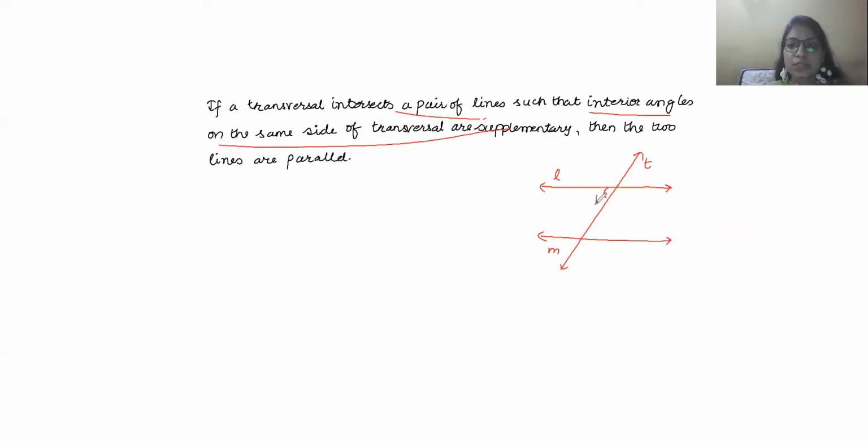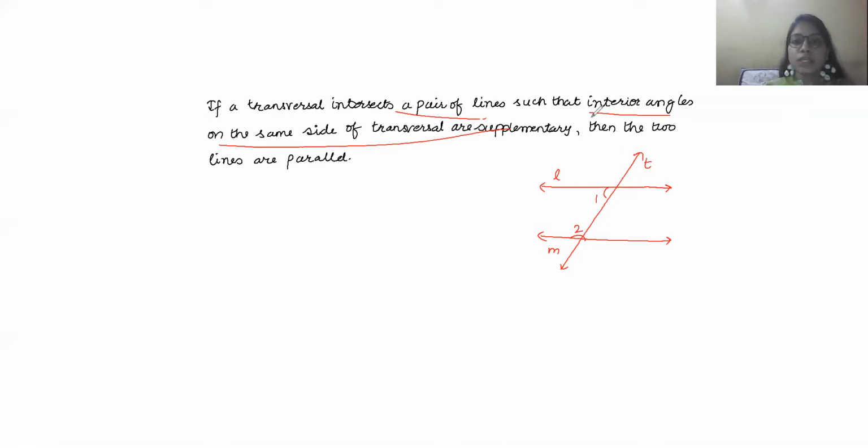So let's consider this 1 and 2. These angles 1 and 2 are a pair of interior angles lying on the same side of the transversal, and it is given to us that they are supplementary. It means their sum will be 180 degrees. Now if you have this condition, then you can say that the lines are parallel.